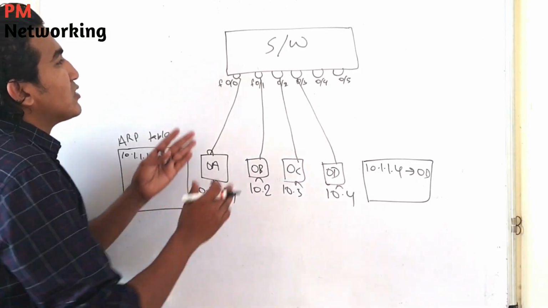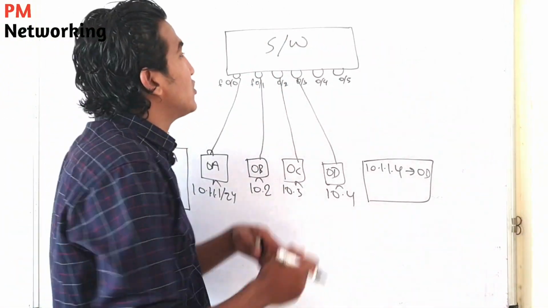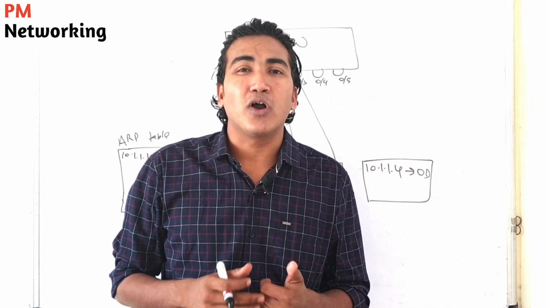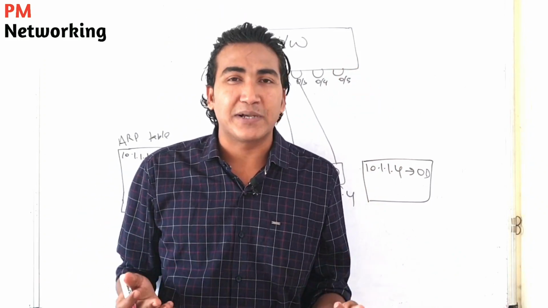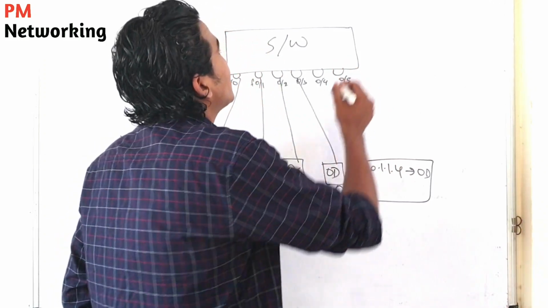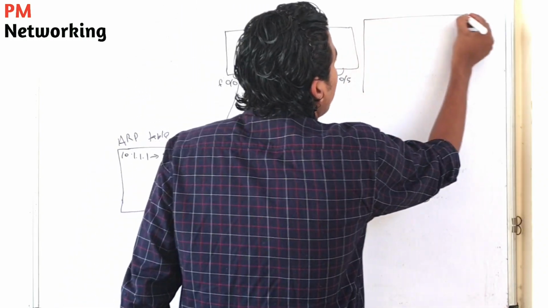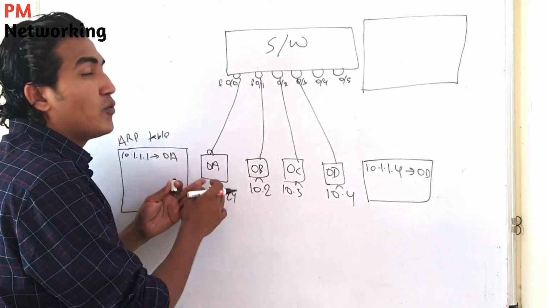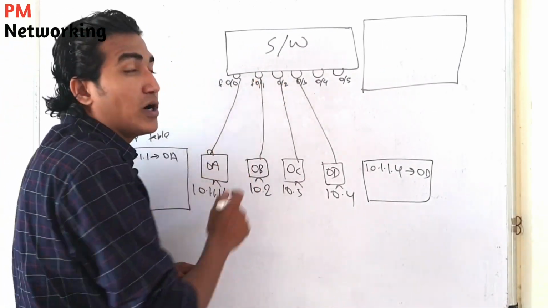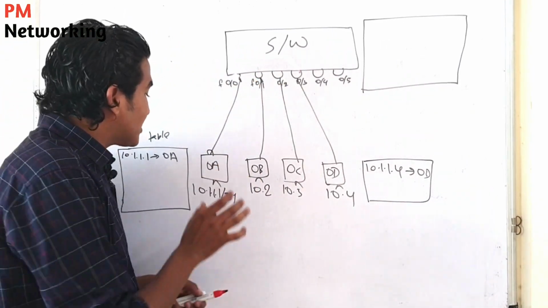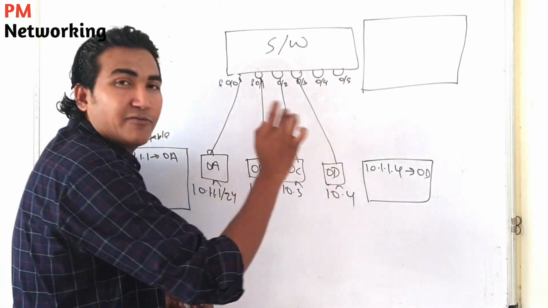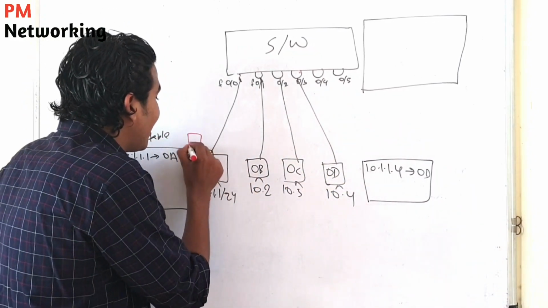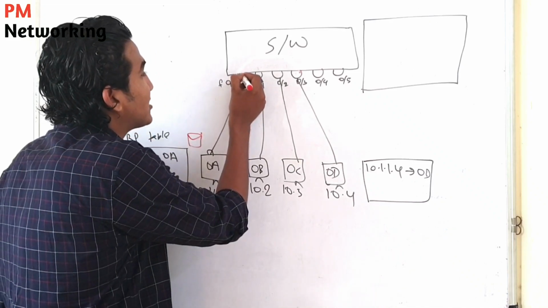Now guys, how does the switch forward the traffic? To forward traffic, the switch maintains a table called the MAC address table or CAM table, right? Actually, the switch maintains the MAC address table to forward traffic from one port to another port. Just suppose this PC wants to communicate with this PC. So the data will be received at this interface of the switch.